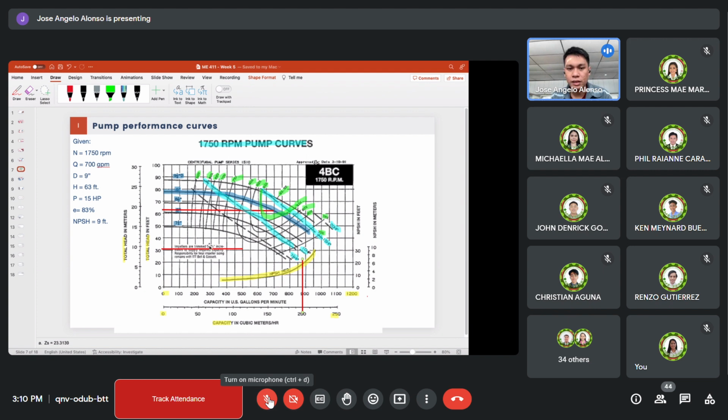Then kung saan mag-intersect yung ating capacity and sa ating NPSH chart, then yung nakukunin natin net positive suction head required. So sa kanan, lumabas na yung ating NPSHR is 6 meters. So check lang natin si 200 cubic meter per hour, nag-intersect sa NPSH chart, then na-determine natin yung net positive suction head required in meters, which is 6 meters.